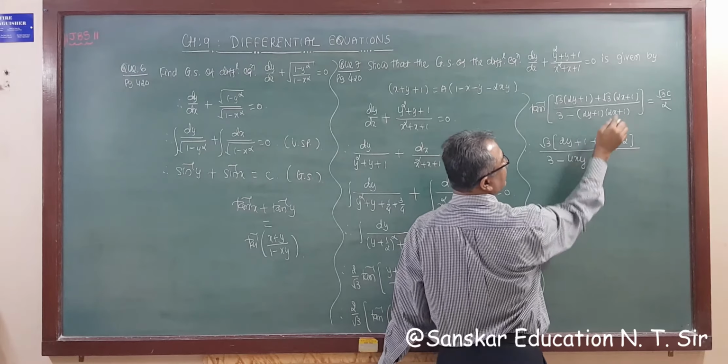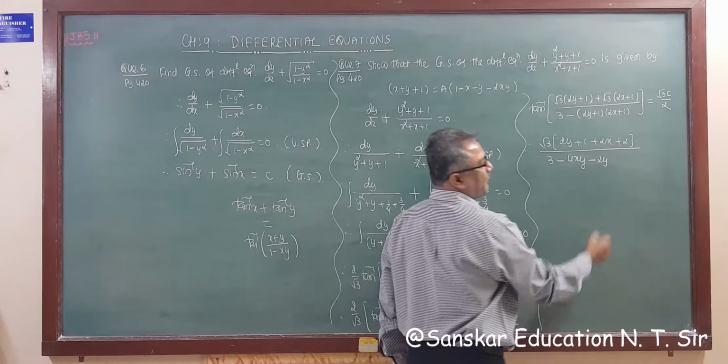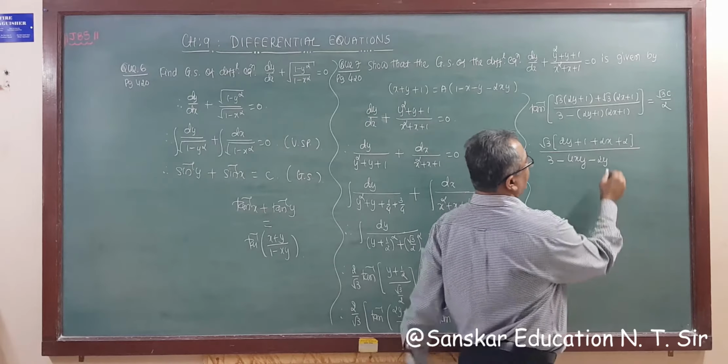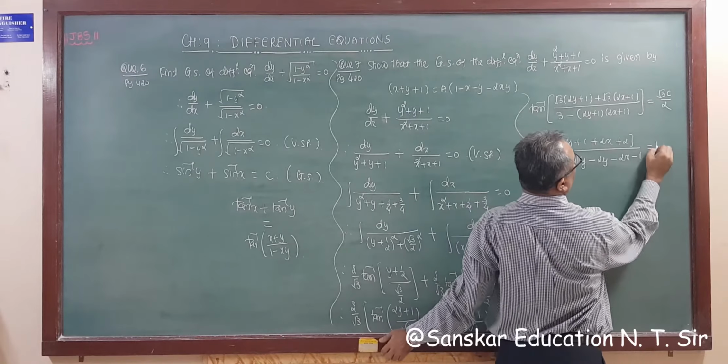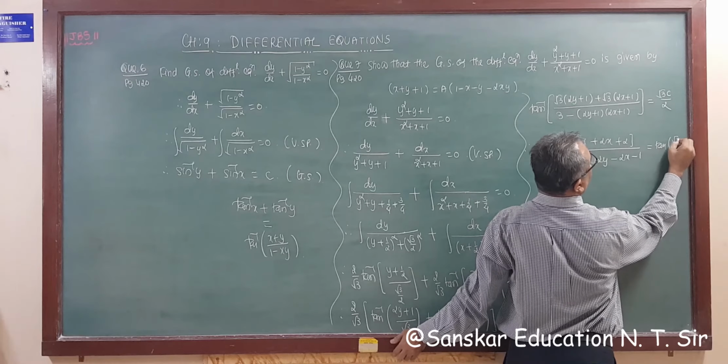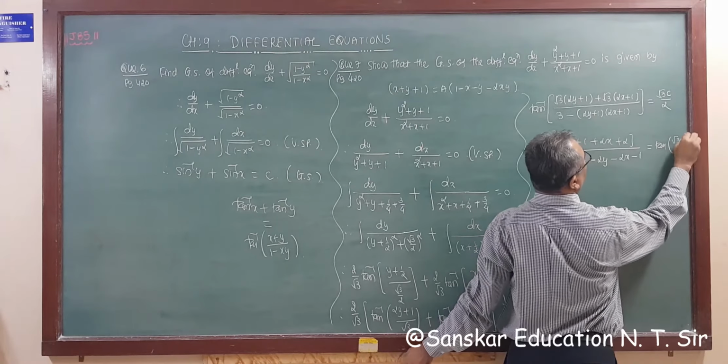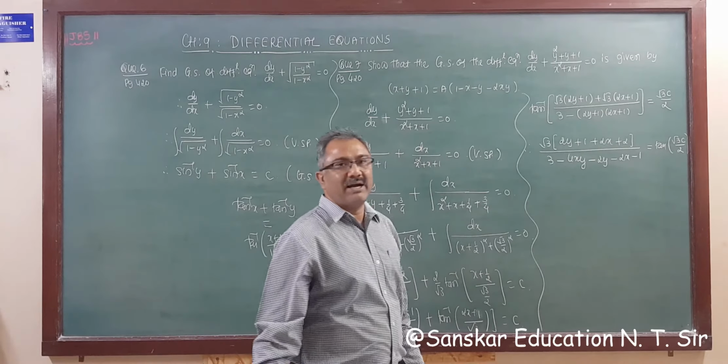Multiplying this we get minus 2y, multiplying this we get minus 2x and minus 1, is equal to tan of √3 c by 2.